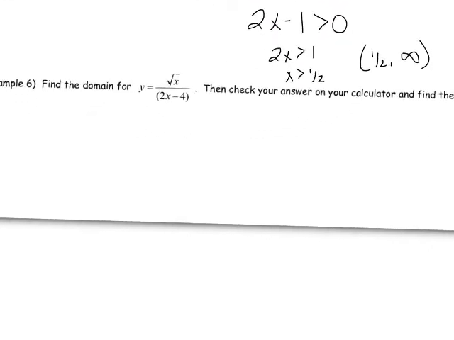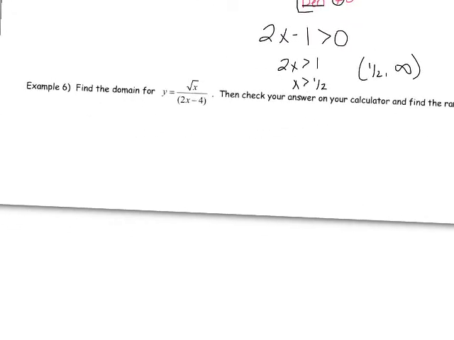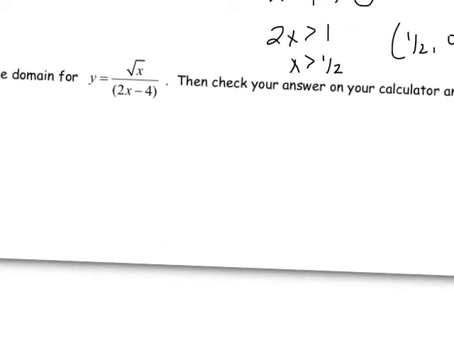Okay, on the last one, square root of x is on top, and then just 2x minus 4 is on bottom. So first we say square root of x. Well, that's a square root, and square roots have to be greater than or equal to 0. So x has to be greater than or equal to 0, and so that's a restriction. So far we've only got one restriction. Let's keep going.